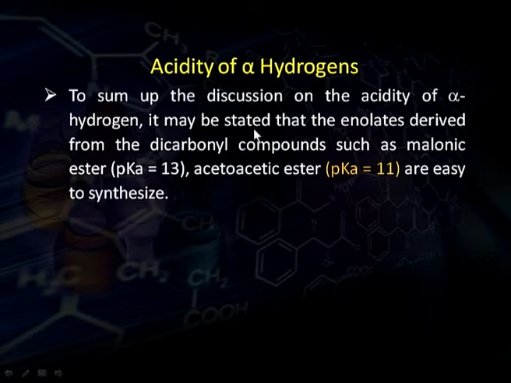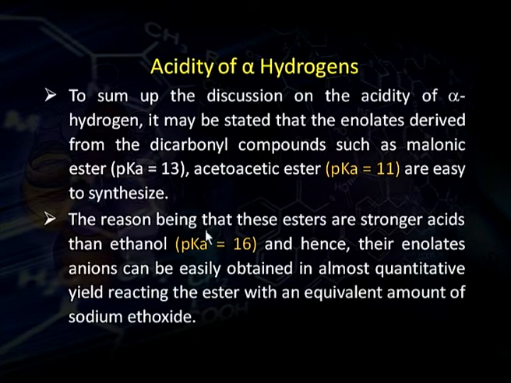To sum up the discussion on acidity of alpha hydrogen, it may be stated that the enolates derived from dicarbonyl compounds such as malonic ester, pKa 13, and acetoacetic ester, pKa 11, are easy to synthesize.